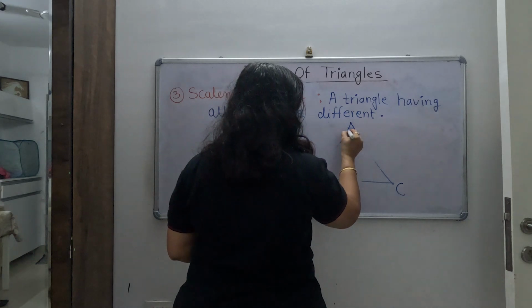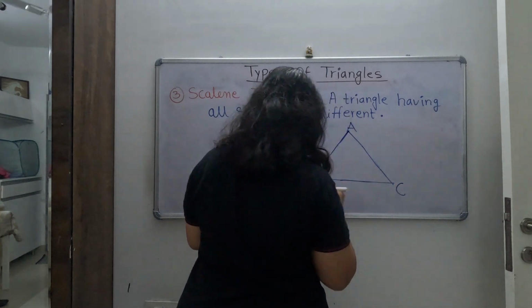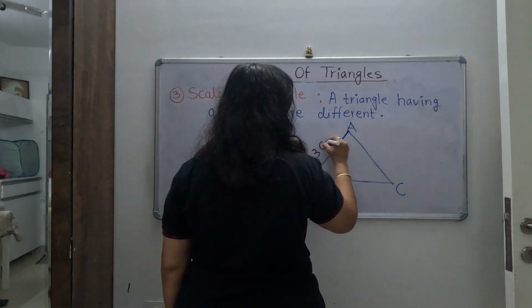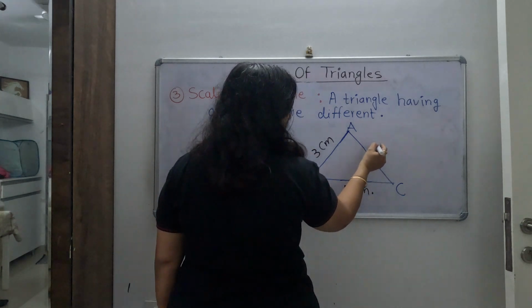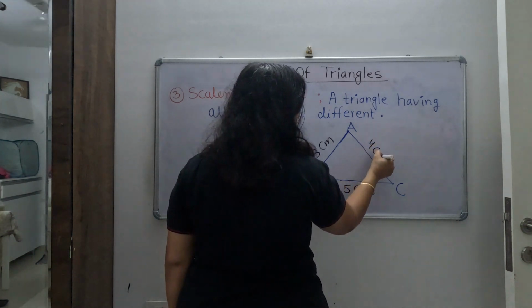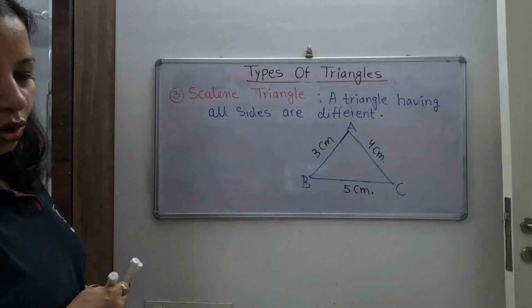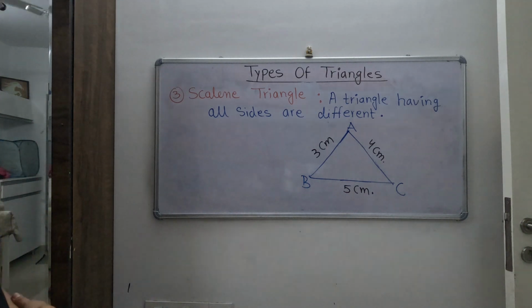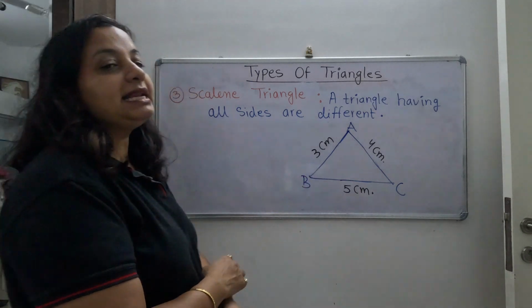For example, suppose AB is 3 centimeter, BC is 5 centimeter, and AC is 4 centimeter. Now you can see in the diagram all three sides are different. So a triangle having all sides of different length is called the scalene triangle.